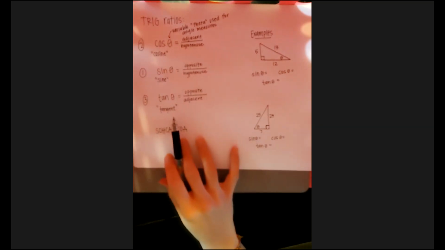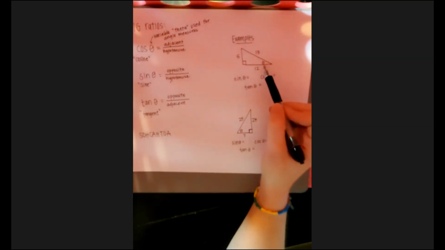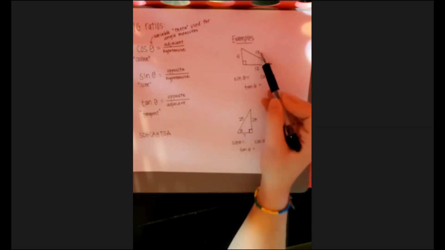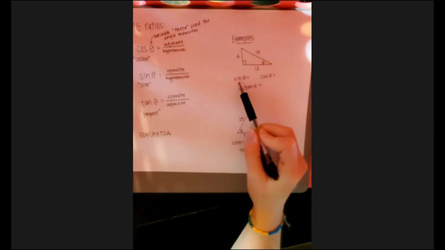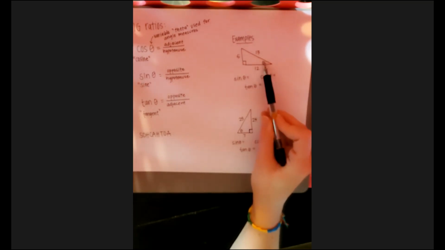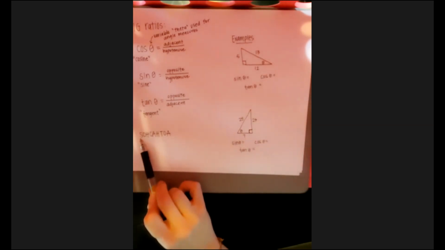Okay, so really quick, let's do some examples and then we will end this very lengthy video. Over here I have this triangle with a 5, a 12, and a 13. If I am asked to find the sine of angle theta, sine is the opposite side over the hypotenuse.